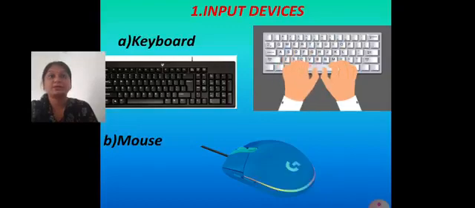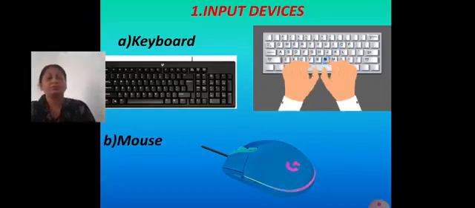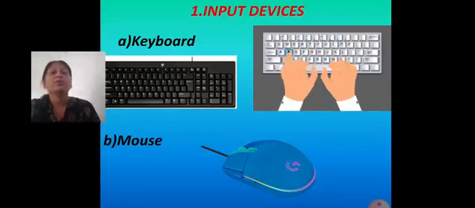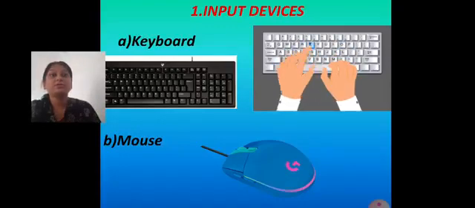With the help of the left button we select something and draw something on the computer. The scroll wheel we use to slide up and down. So this is the use of the mouse. The mouse is our input device because with its help we put something in the computer, so we give instructions to the computer with the help of the mouse.